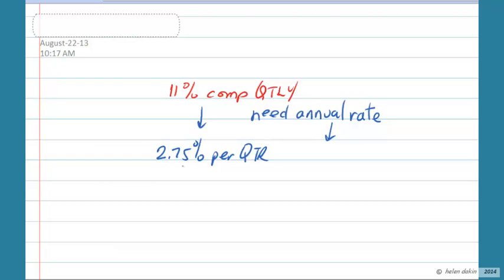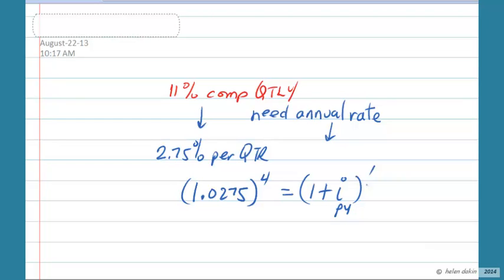Well, we're going to take a 1-year period, and a 1-year period, if it's compounded quarterly, will have 4 quarterly periods. That means that we'll have 1 plus 0.0275 per quarter for 4 quarters, and that's going to equal 1 plus my annual rate, that's the rate per year, for 1 yearly period.